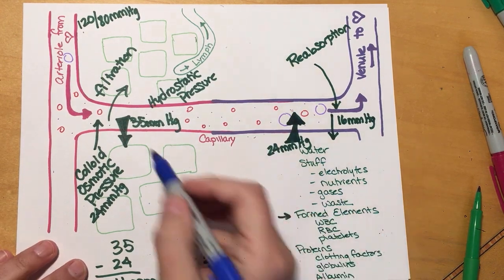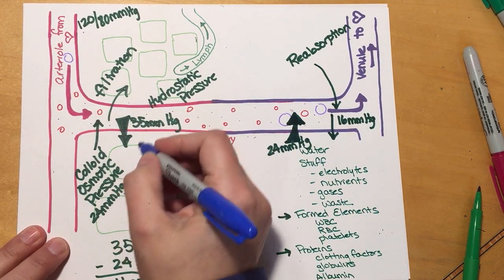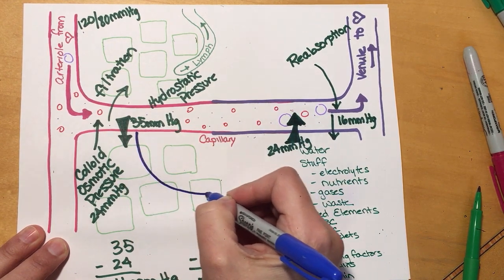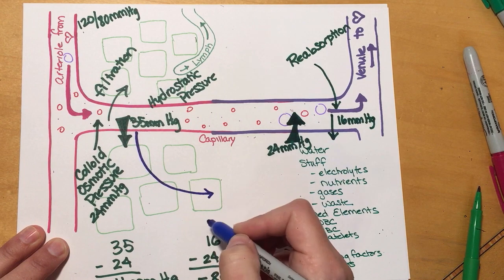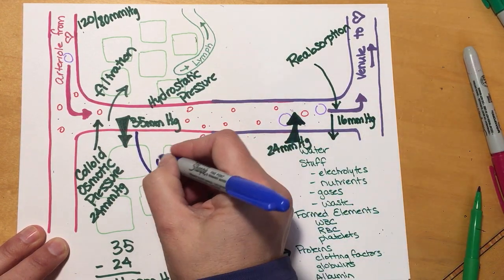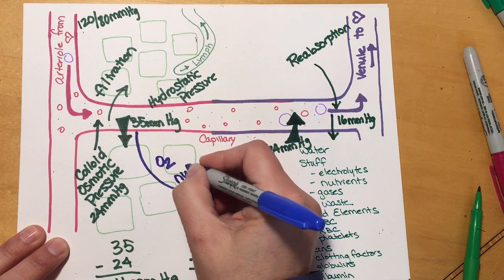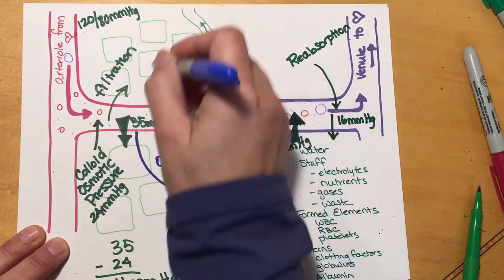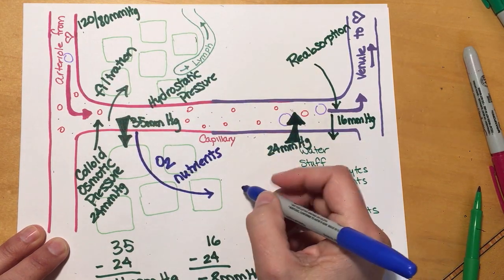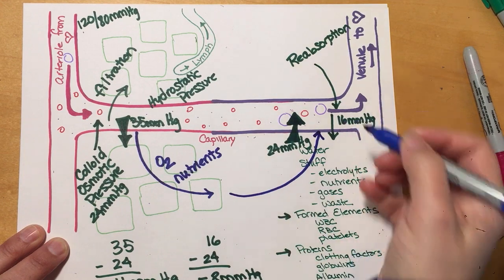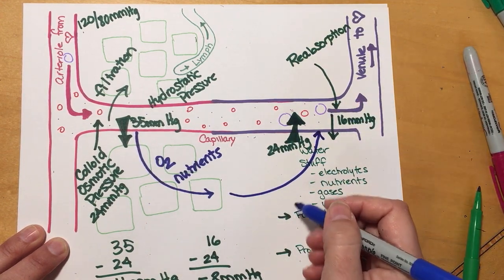What this means is that on the arterial end, water will move out of the blood into the interstitial space and will bring with it things like oxygen and nutrients, things that the cells living around the capillary need. And then on the venous end, we're going to have a net movement back into the capillary bed.